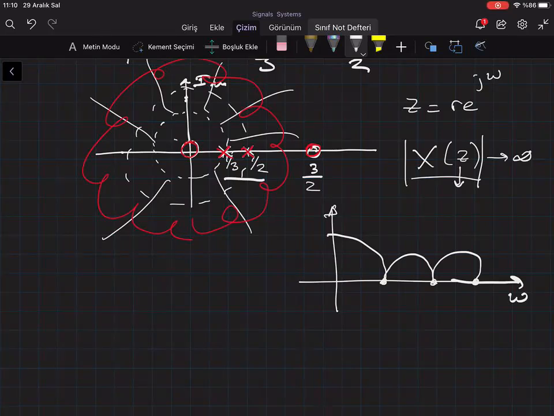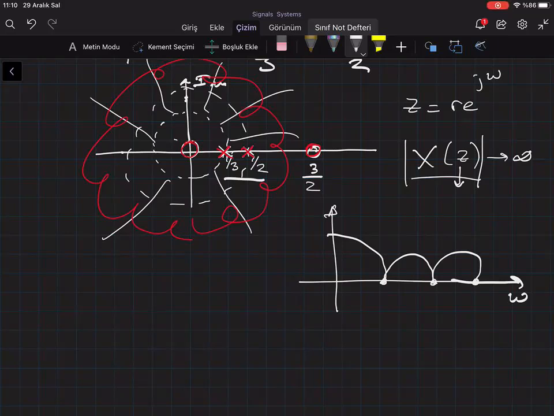Okay, so by adjusting poles and zeros, we will be designing our filters actually. And inshallah, I will spend some time on this changing Z effect on our magnitude responses. Okay.